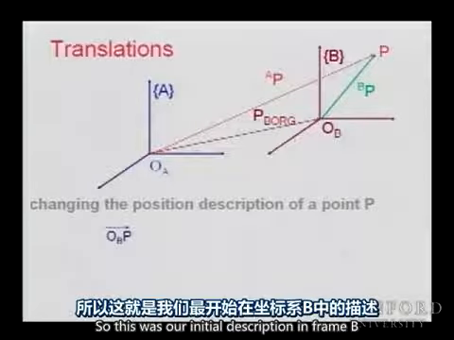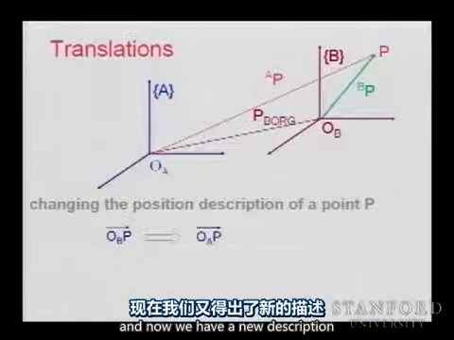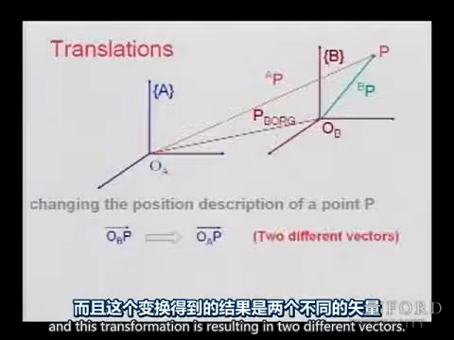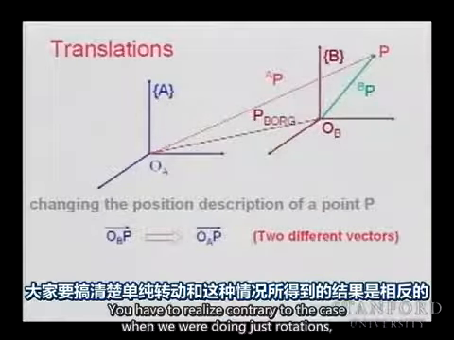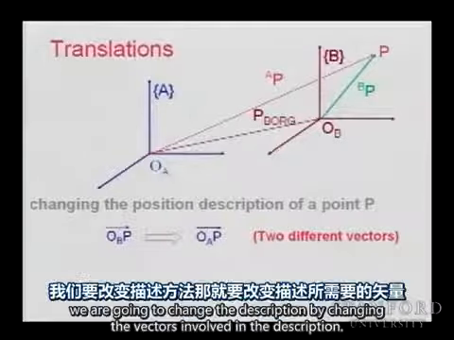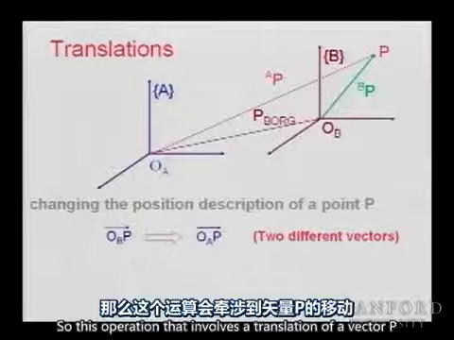So this was our initial description in frame B, and now we have a new description, and this transformation is resulting in two different vectors. You have to realize, contrary to the case when we were doing just rotations, now when we do a translation, we are going to change the description by changing the vectors involved in the description.